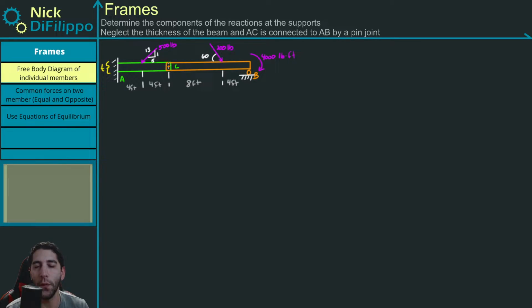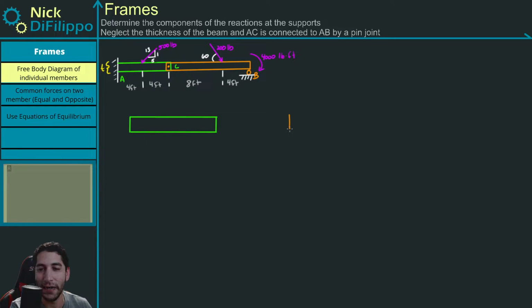Now, the method we're going to go over will work for any frame problem or machine problem that you have. So let's start by drawing the free body diagrams of our individual members. When we are drawing these free body diagrams, we want to be on the lookout for any points that are shared between the two members, such as point C, that pin joint, or any two force members.